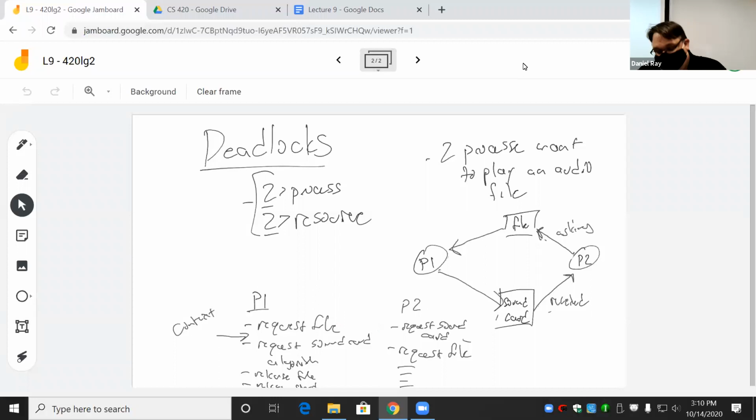Right? It's not as simple as that. Oftentimes you don't know what your program is going to request or when it's going to do it, and you certainly don't know when it's going to run. Okay? So we need some operating system techniques. The operating system needs to be aware of some techniques for how to deal with deadlocks.